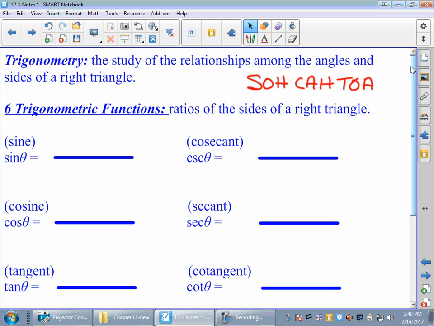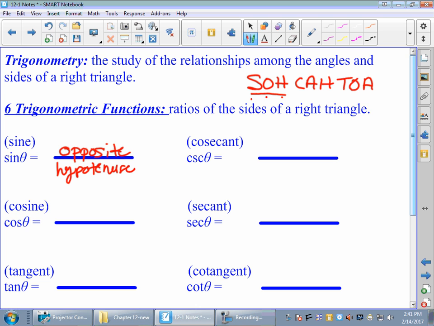You're picking two of the three sides to compare. That's all it is. So the SO is for sine, that's the S, and it's telling you that the sine ratio compares the opposite to the hypotenuse. So you're taking the opposite side and you're writing it over the hypotenuse, and it becomes a fraction. It's a comparison.